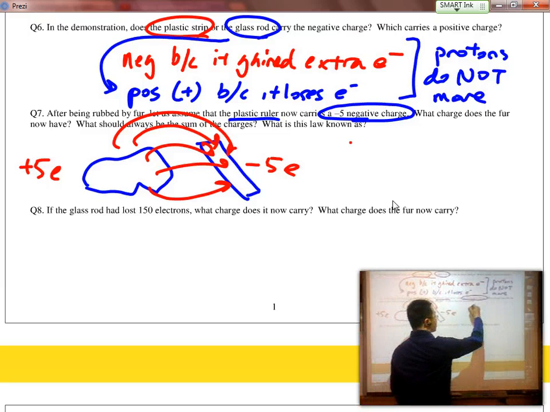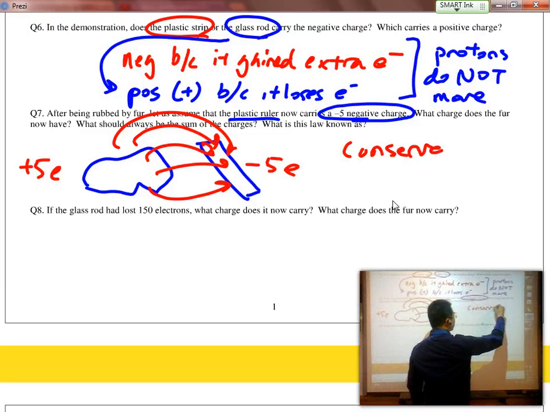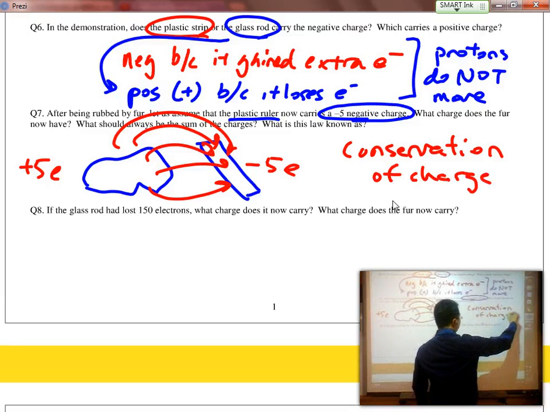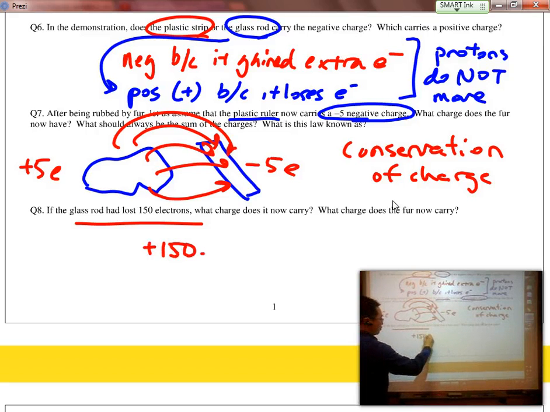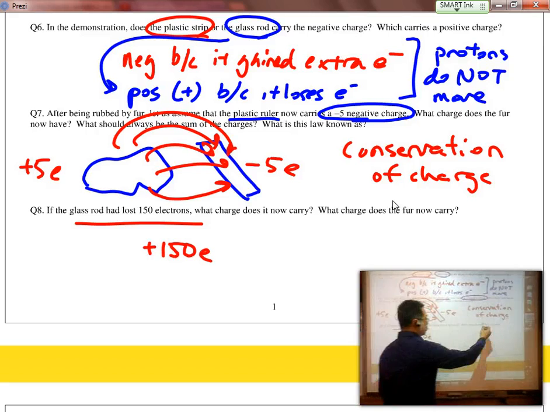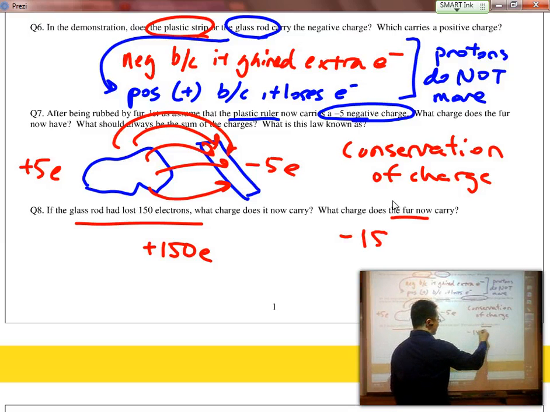This is known as conservation of charge. Okay? If the glass rod had lost 150 electrons, it would have a charge of +150 e, while the fur would have a charge of -150 e.